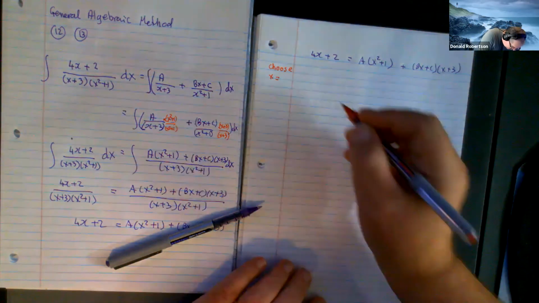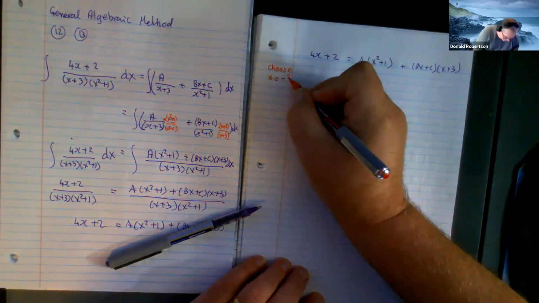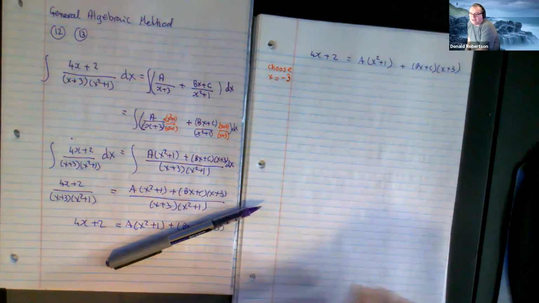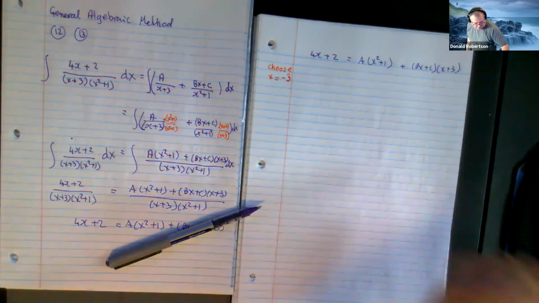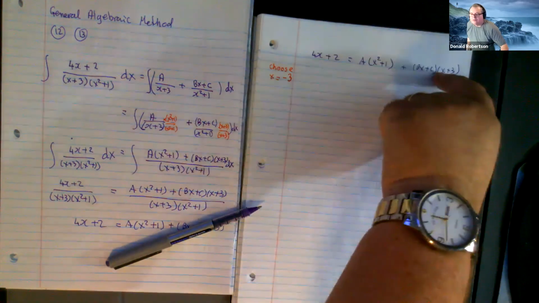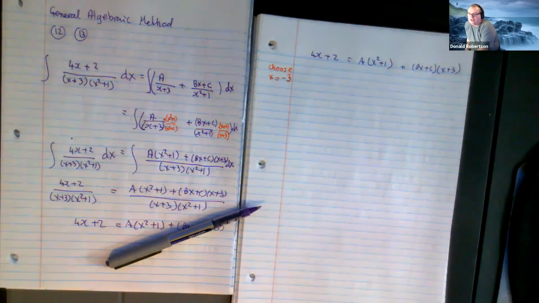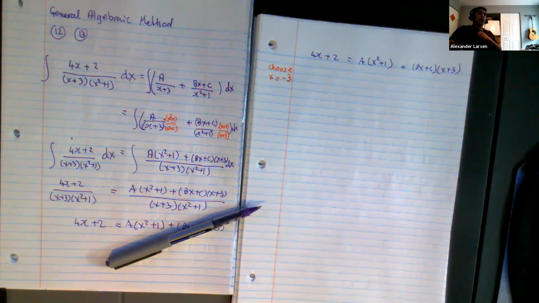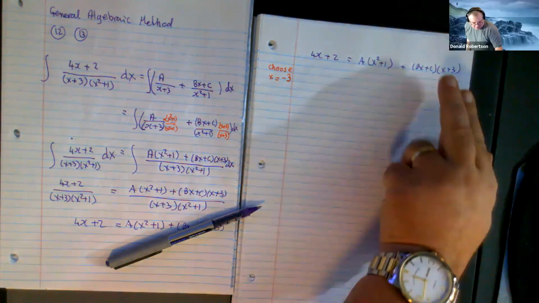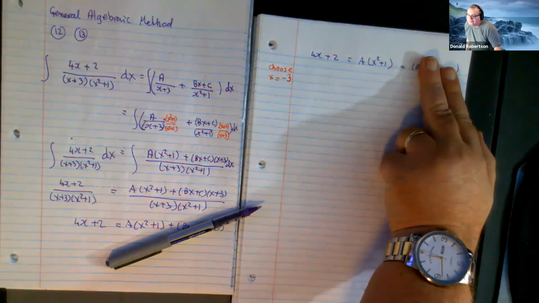So why, for my first choice of x, am I picking x is -3 to substitute everywhere in here? Why x is -3? Because it gets rid of the x plus 3. And won't that disappear as a big fat 0?